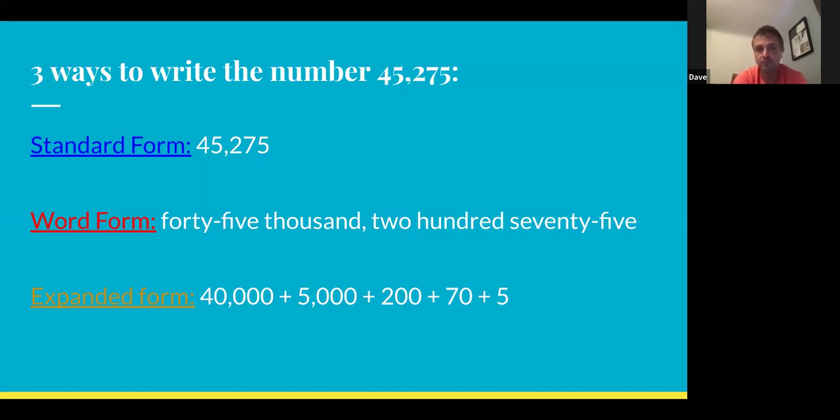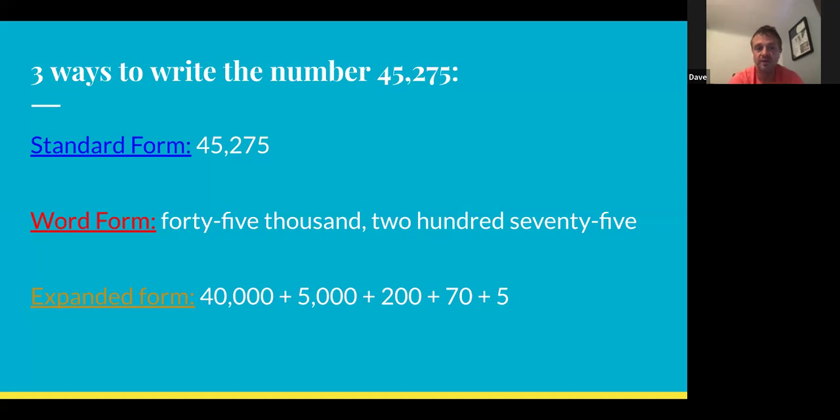Word form, using words. Standard means the regular, the way most people use. So standard form is just writing the number. Then expanded form is taking each digit out and telling us its value, adding them all together, and you can put them back. So take a look at each one.